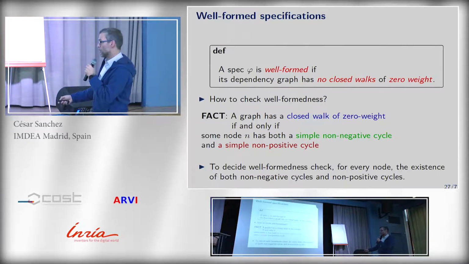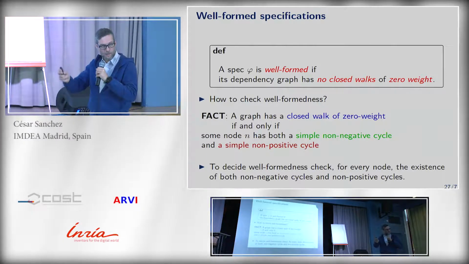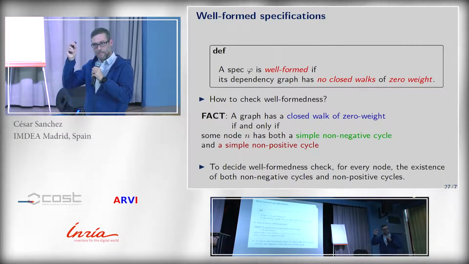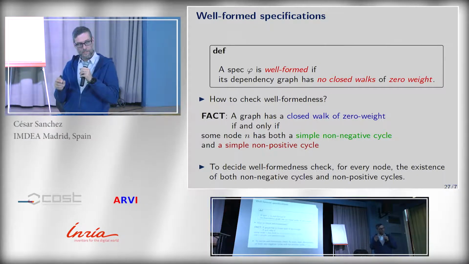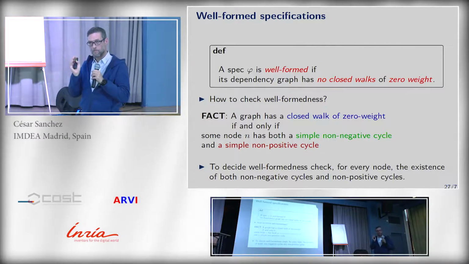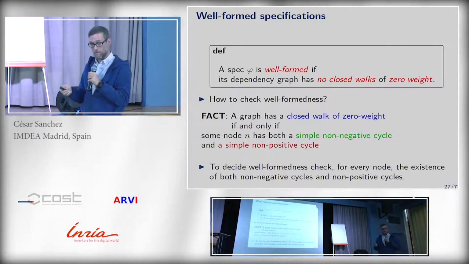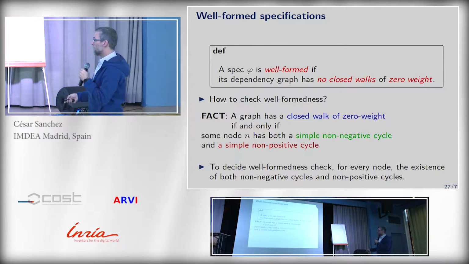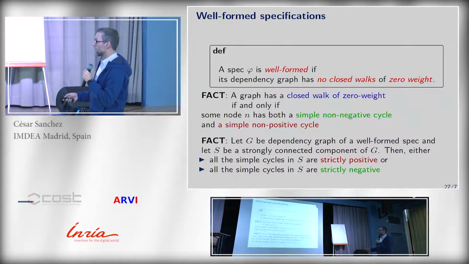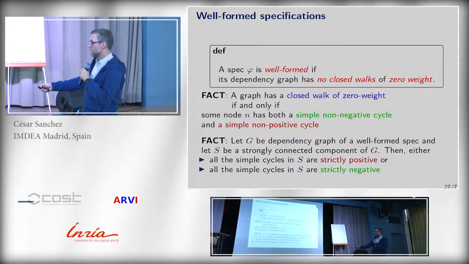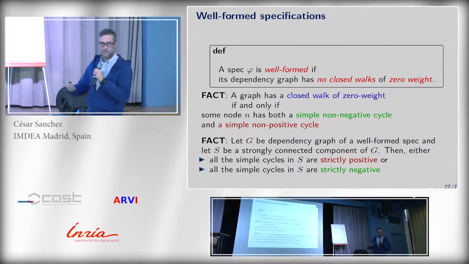Okay, so to decide well-formedness, you just check the existence of simple cycles. So there may be simple cycles, but all the simple cycles for a given node must be either strictly positive or strictly negative. All of them of one kind, or all of them of the other kind. All right? Yeah. Okay. This is what I just said. Well, this is a strong property, but it's implied immediately.